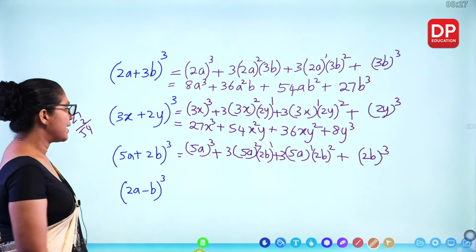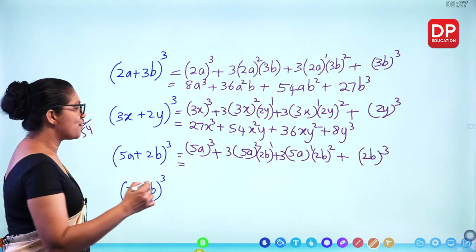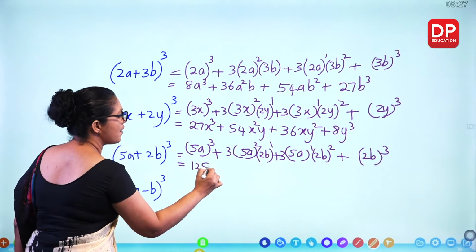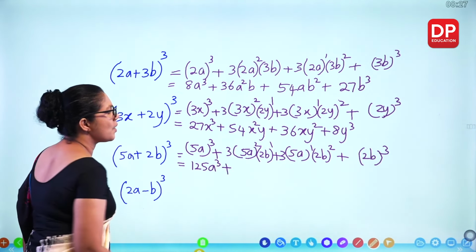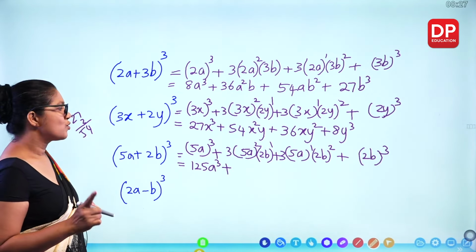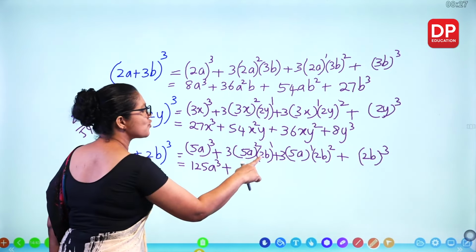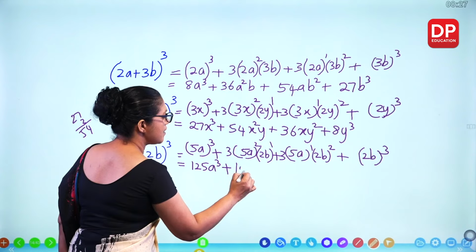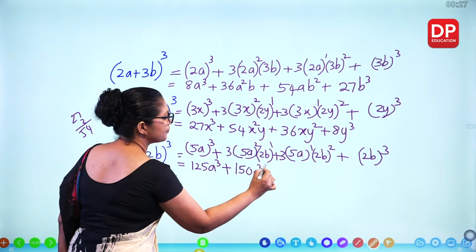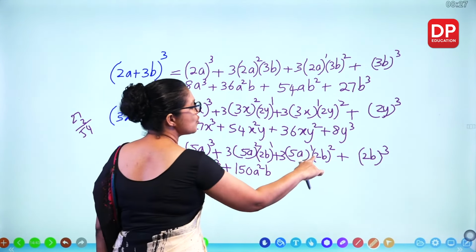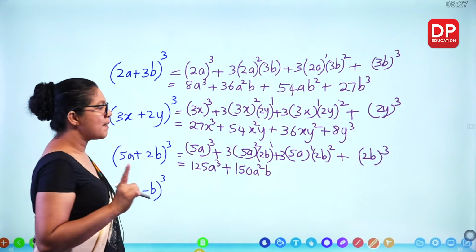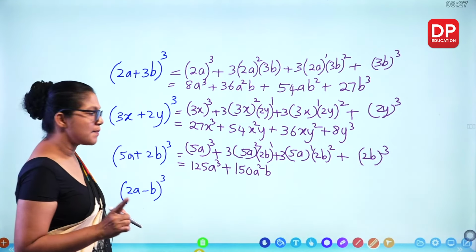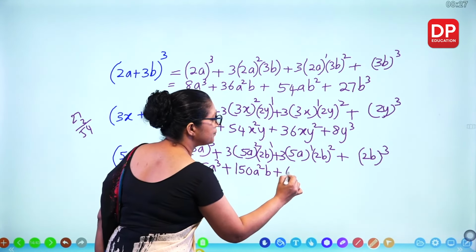Now expand. 5 times 5 times 5, 125 a cube. This one, 5 times 5, 25. 25 times 2, 50. 50 times 3, 150. This one, 2 times 2, 4. 4 times 5, 20. 20 times 3, 60.